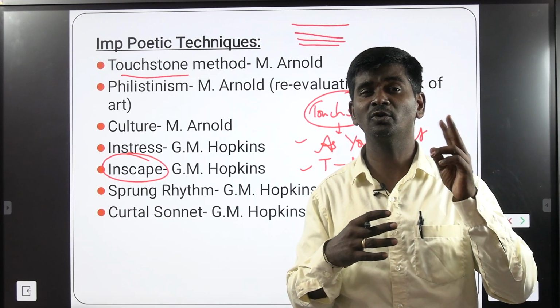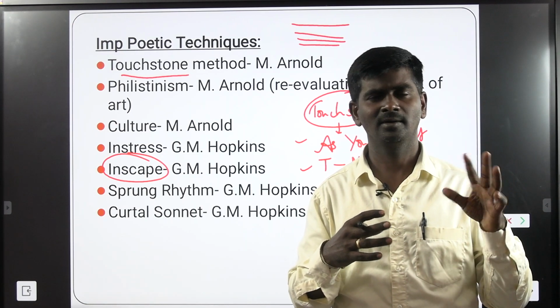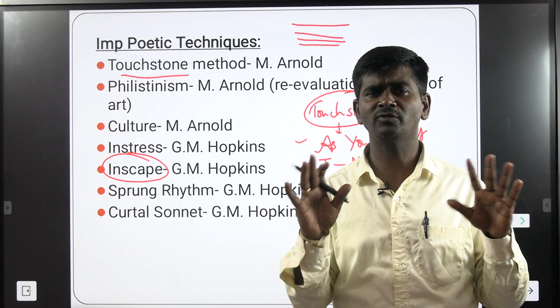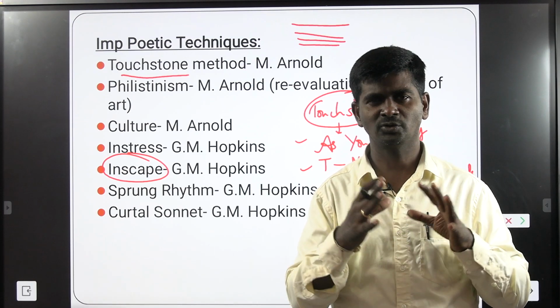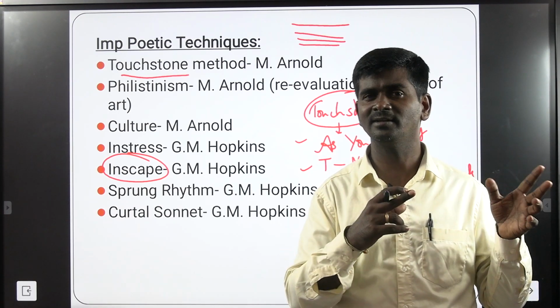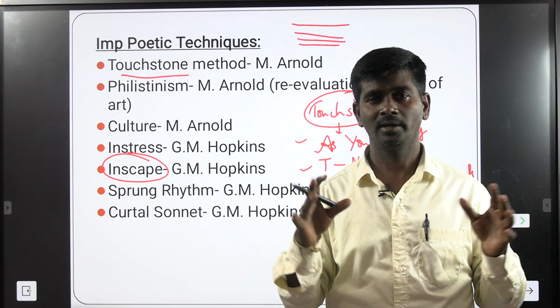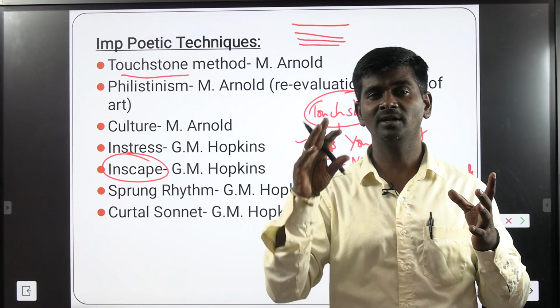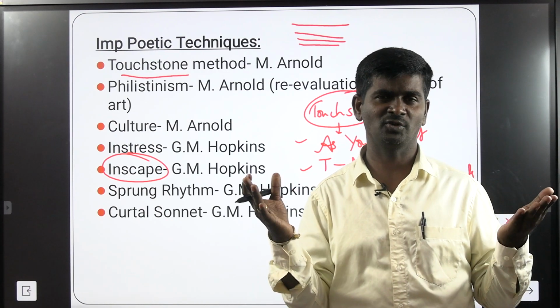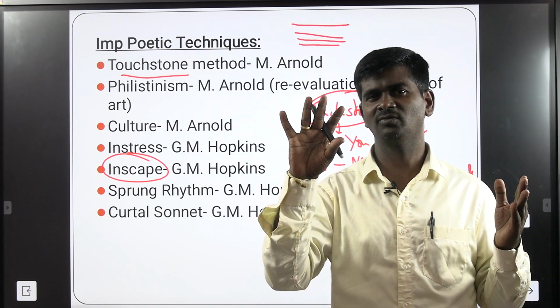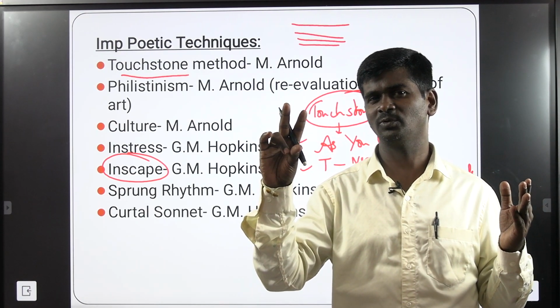A Petrarchan sonnet is divided into two parts, octave and sestet. A sonnet is a poem composed in 14 lines. The Italian sonnet has two parts: octave, 8 lines, and sestet, 6 lines. The English sonnet is composed of 3 quatrains and 1 couplet. A quatrain is a stanza of 4 lines, a couplet a stanza of 2 lines.